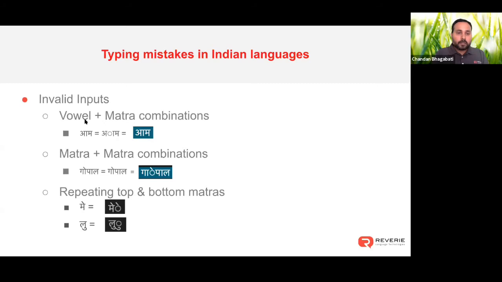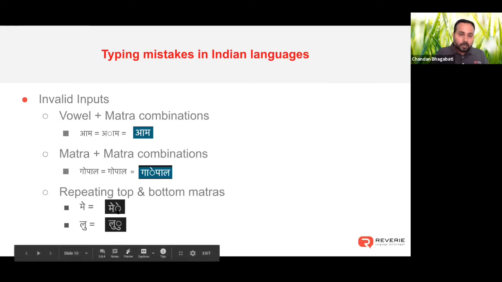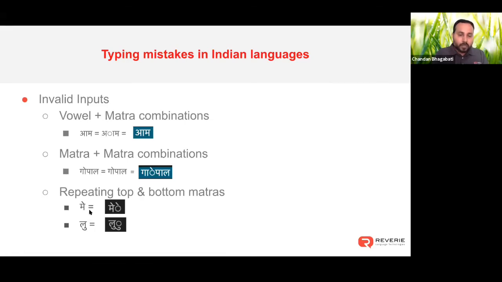But we learned that a matra cannot be preceded by a vowel. So in that case, this is wrong typing. Similarly, for the o matra, we type an a matra and then another matra, and visually it looks like an o matra. And again, with some matras like top matras and bottom matras, if you type again and again and add more than one matra, visually you will not see any difference.